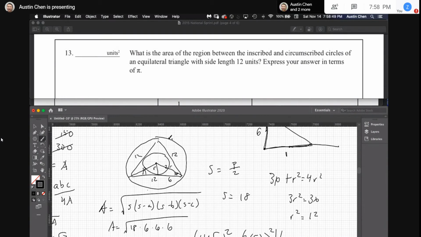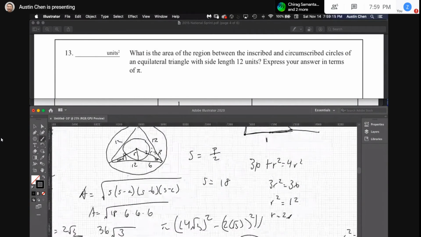So the circumcircle and the incircle are concentric, which means that this line, because it crosses through the inradius as well, will also be an angle bisector. So this angle will also be 30 degrees, right? So basically this is also 2 small r, which is big R. We said r was 2 root 3, so big R is 4 root 3.